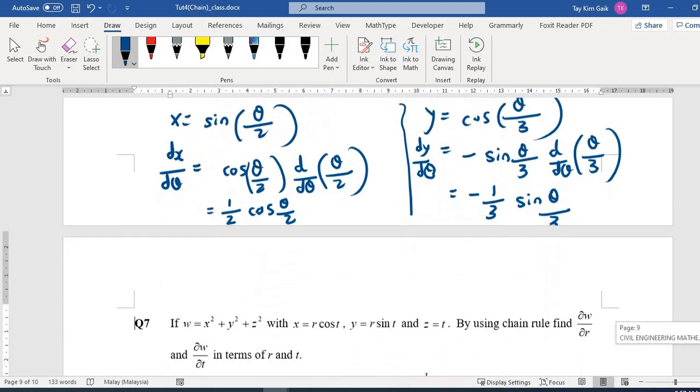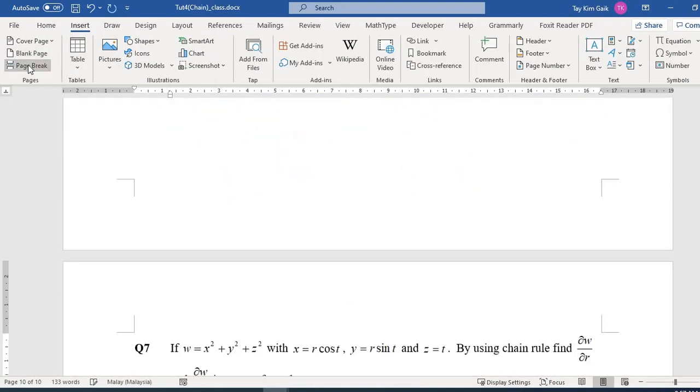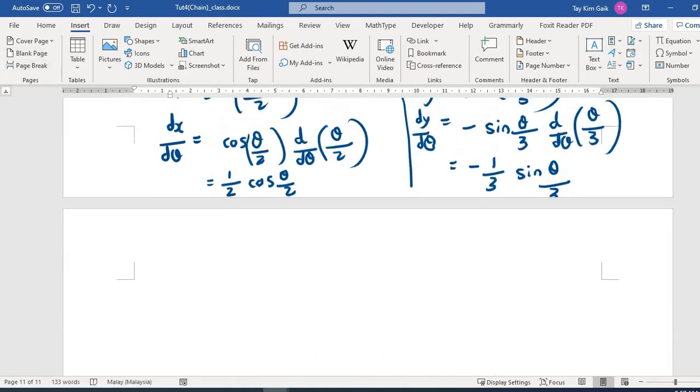Okay, and then what's the z? Z is theta.